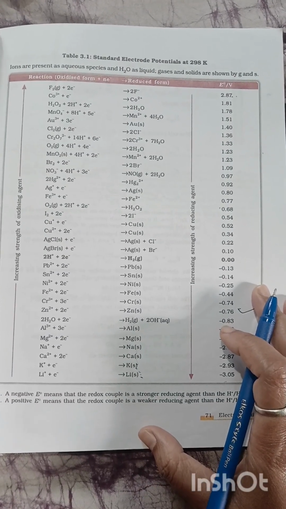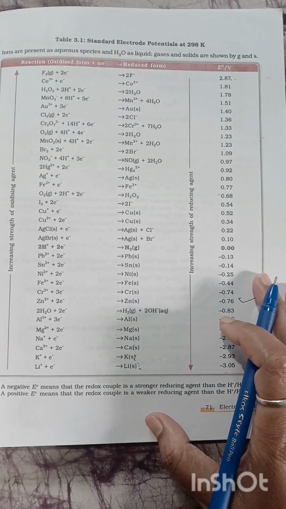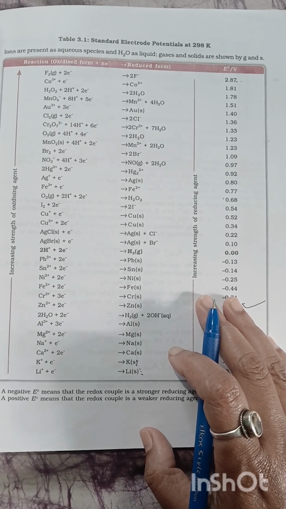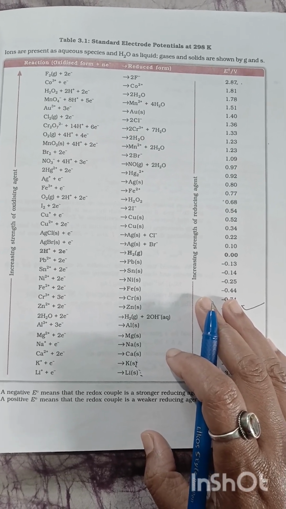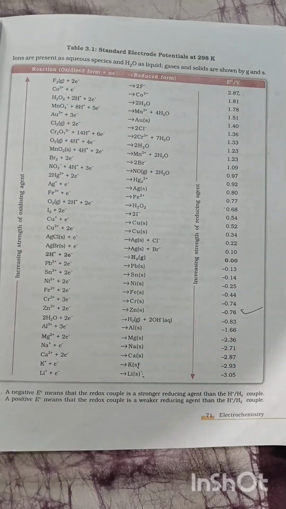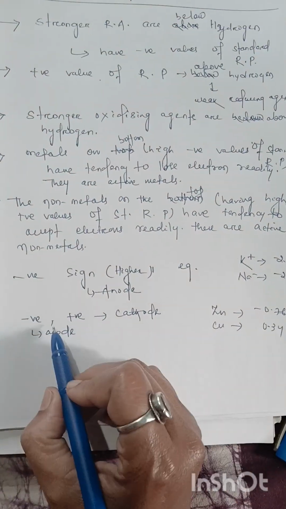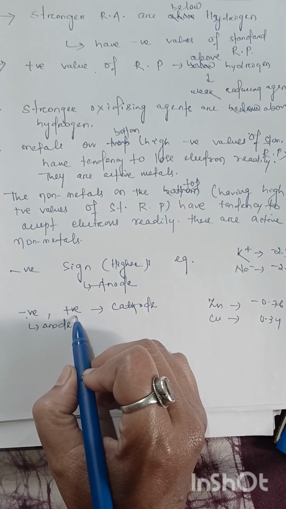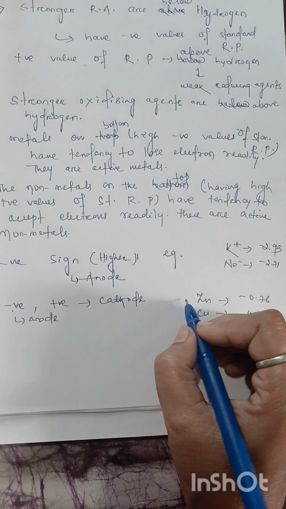The next interesting thing, students, is how to know the anode and cathode, how to recognize it. Remember, suppose you are given one negative reduction potential value and one positive value. I can show one example. Here one has a negative sign for the reduction potential value, another a positive sign. For example, I have taken zinc.